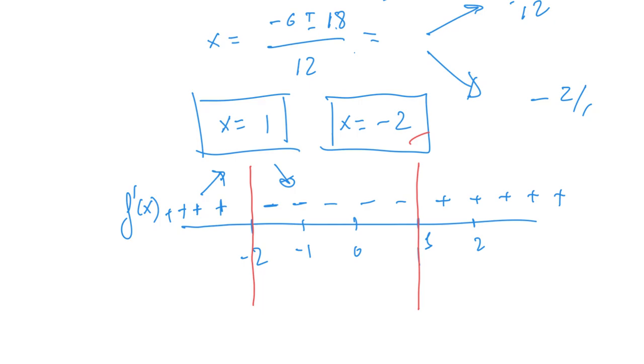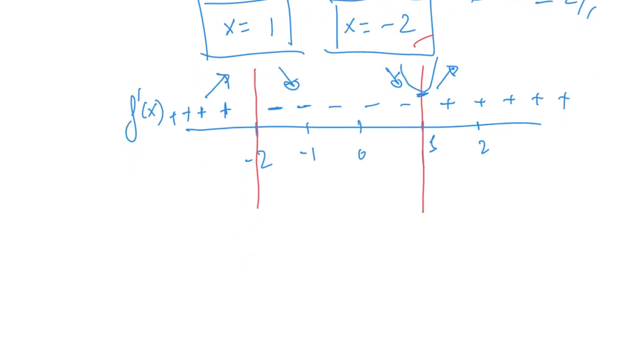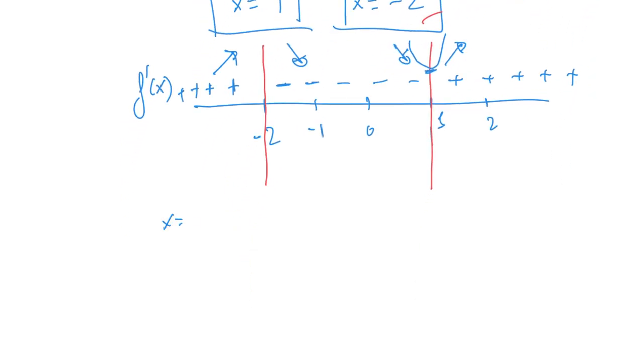And at the point x equal 1, the function is decreasing at the left of 1 and increasing after. So the function does like this. So at x equal 1 is a minimum. So x equal minus 2 is a relative maximum, and x equal 1 is a minimum.